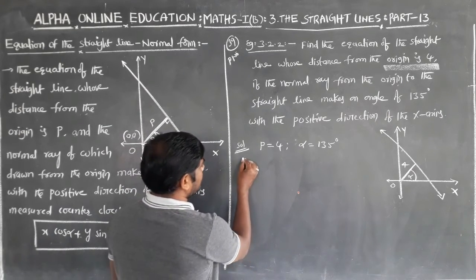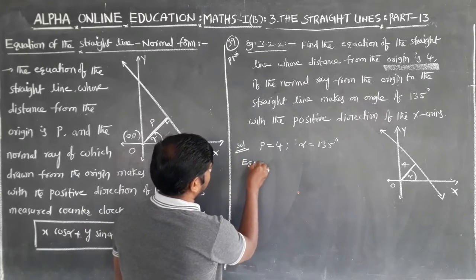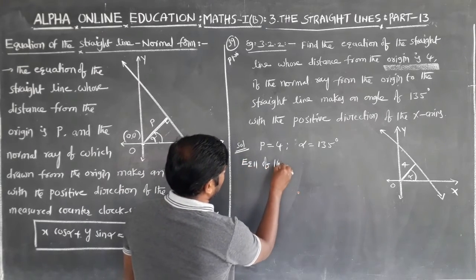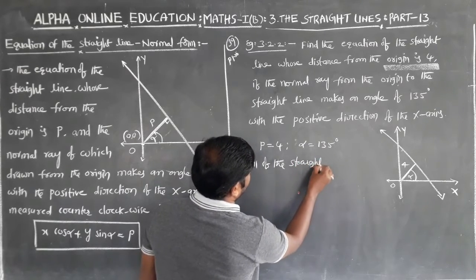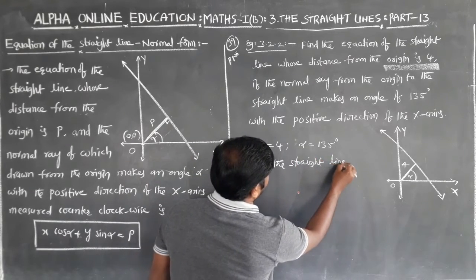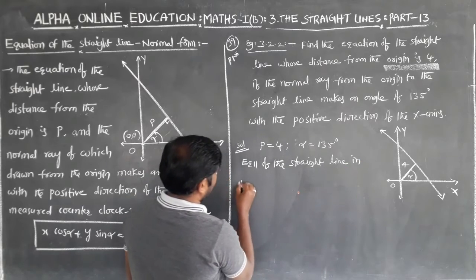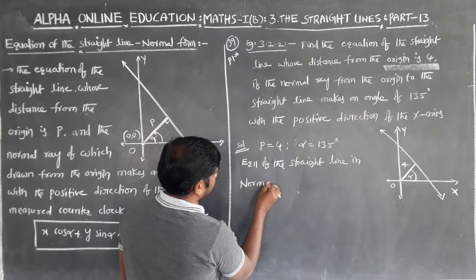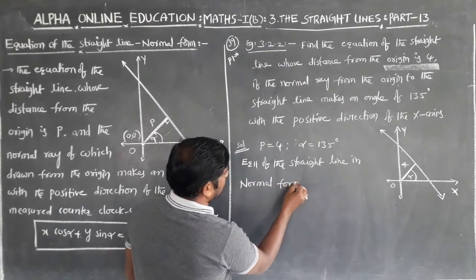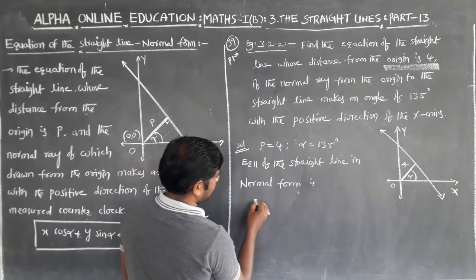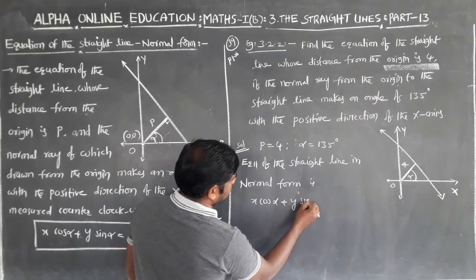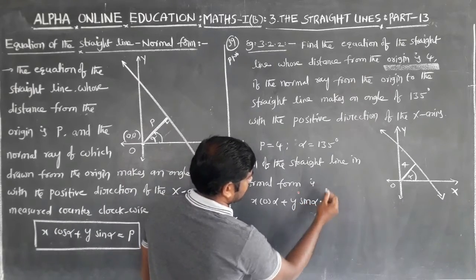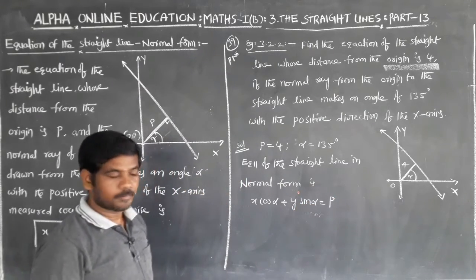The equation of the straight line in normal form is x cos alpha plus y sin alpha is equal to P.